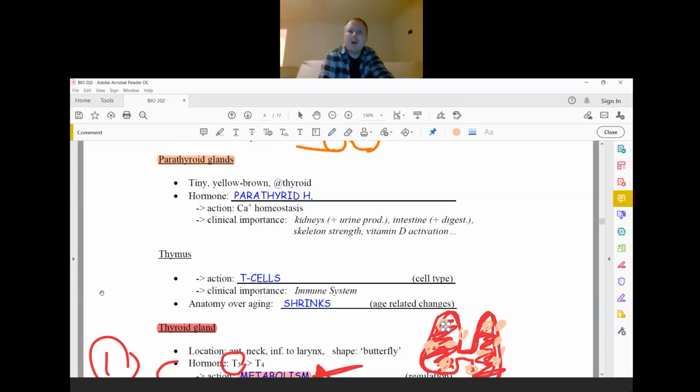And what they do is produce a hormone called parathyroid hormone. And why parathyroid hormone is important, you might be thinking, well, that's just giving another name for the parathyroid glands, but what is important is that parathyroid hormone is involved with the homeostasis of calcium.